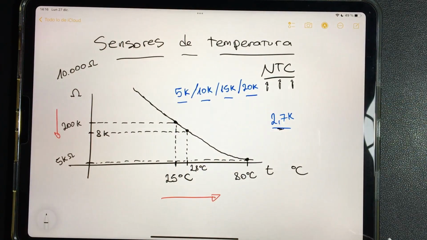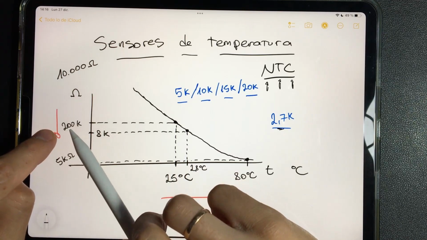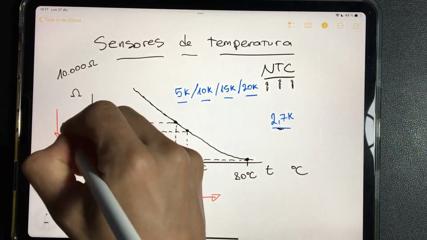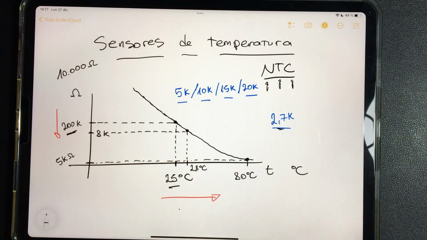And that serves us, the board needs it. So that you understand, in places where high temperatures are measured, and I refer to high temperatures as going quite above ambient temperature, such as 80, 90 to 100 degrees, we are going to place sensors of high ohm value, because the value in ohms is always taken as a reference at 25 degrees.